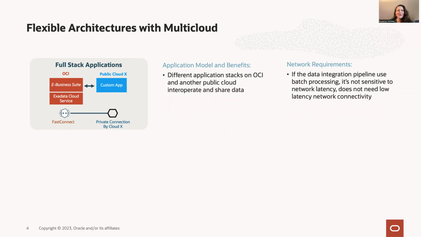And here we've got any kind of number of workloads that can be run. In the sense of network requirements, a data integration pipeline that uses batch processing is not sensitive to the network. So it doesn't need that low latency, which obviously is applicable to any kind of stack.